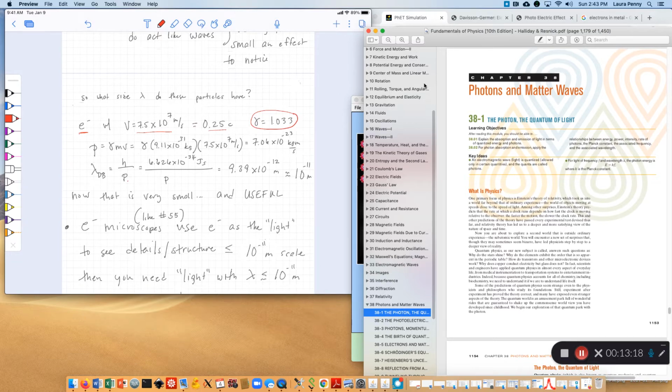I get a gamma of 1.033, and then the momentum should be that gamma times the mass of the electron times that speed. So times 9.11 times 10 to the minus 31 times 7.5 times 10 to the 7. And I get a momentum of this.